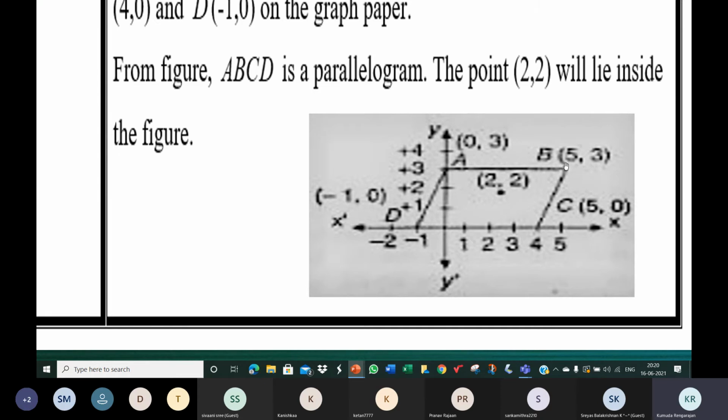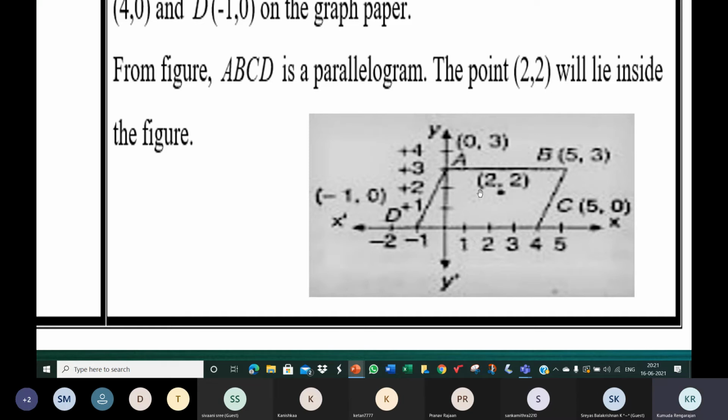And on the opposite side, from here to here is 4 plus 1, 5 units. Here also, because this point is 5,3, the x coordinate is 5, which represents the perpendicular distance of the point from the y-axis.